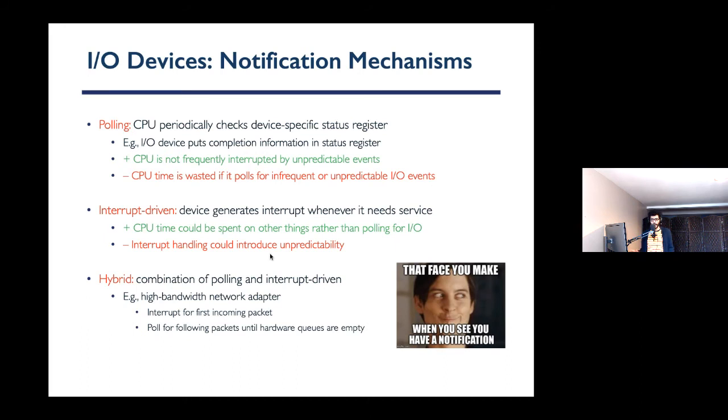And then there is also a hybrid model, which is usually used for networking devices, where you could say, just interrupt me for the first packet that is delivered, and from there on, when the first packet comes, I know that further packets are going to come, so I can poll. So it's a combo of interrupts and polling.